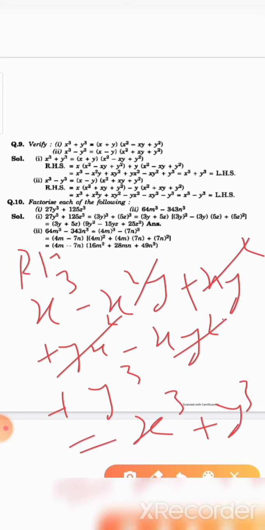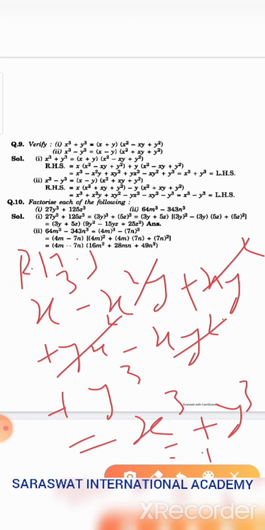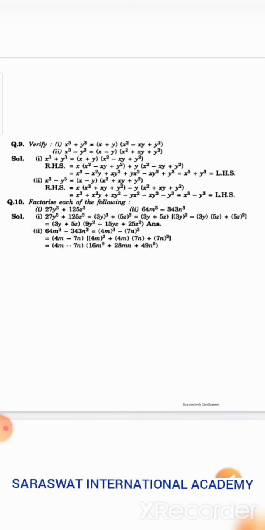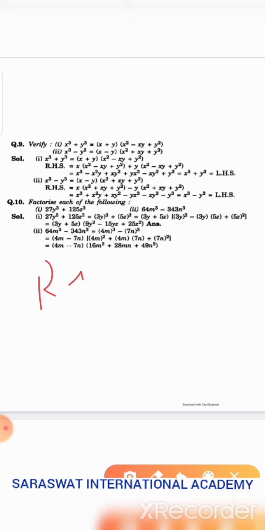So we started from the RHS and lastly we get the answer of the LHS. So here it is proved that by using the RHS we get the answer of the LHS.